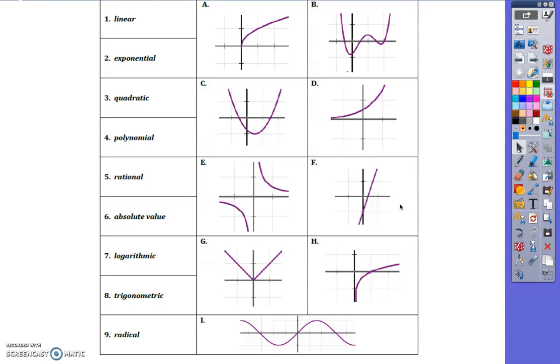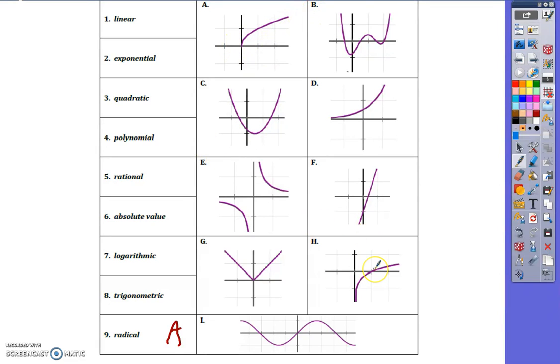It's an easy one. I'd like to talk to you about the difference between a logarithmic function and a radical function. Picture A is a radical function. Notice that it has a starting point here at 0, 0. It starts right here and then grows.